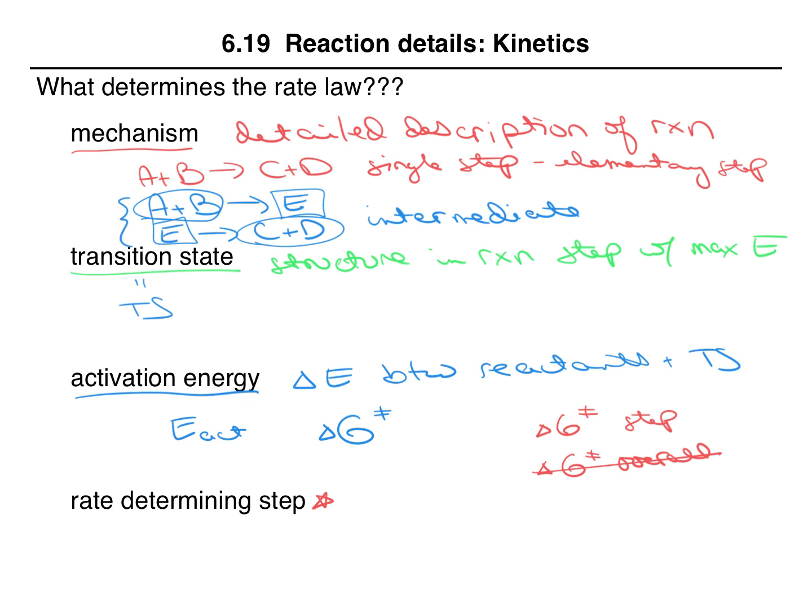So we are going to focus on the rate determining step, which is the slow step in a reaction. So it has the largest activation energy of any of the elementary steps. And so this actually determines the overall rate of the reaction.